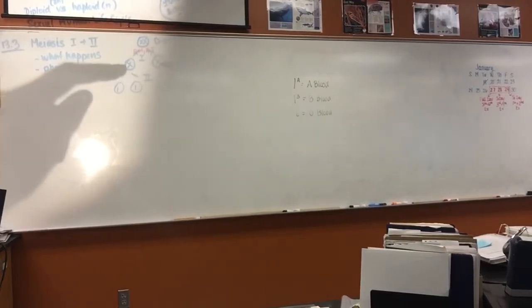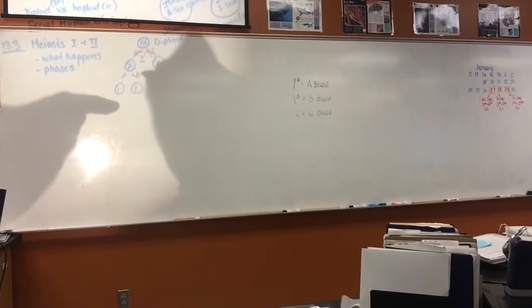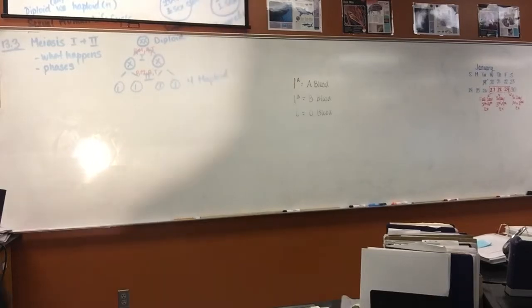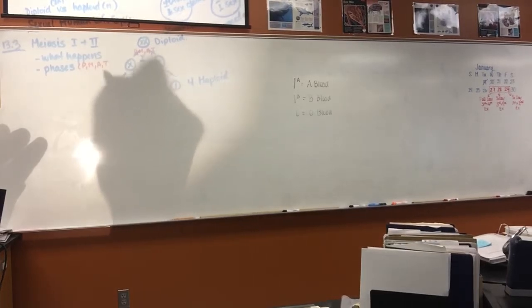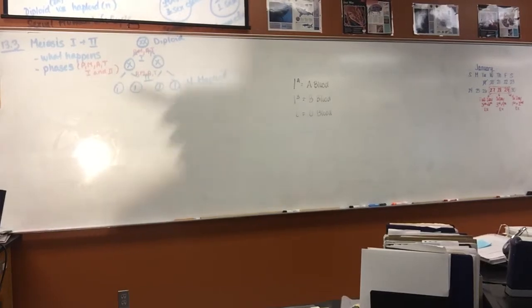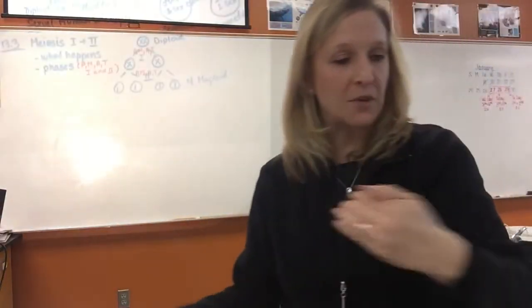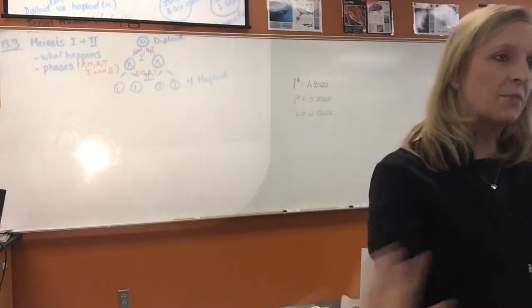Then each one of these cells, to get the 4 haploid cells at the end, goes through prophase, metaphase, anaphase, telophase. So the phases are prophase, metaphase, anaphase, and telophase. I put 1 and 2 because those happen 2 times each for the cell division. So just know the flow of the chromosomes and what happens to them: how they line up with their pairs, the spindle attaches to them, they separate, and so on.